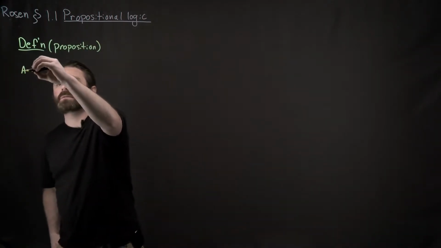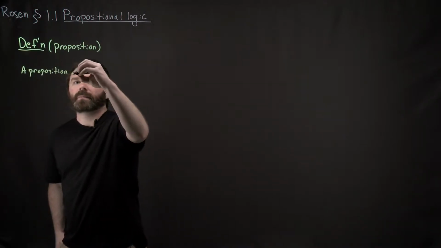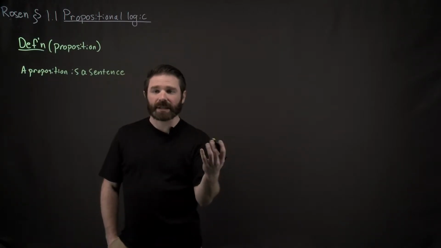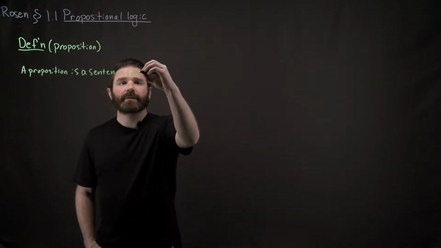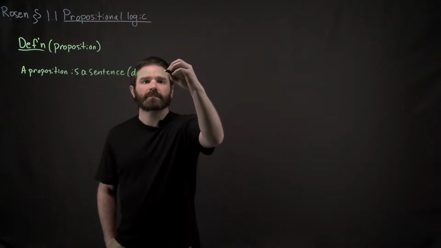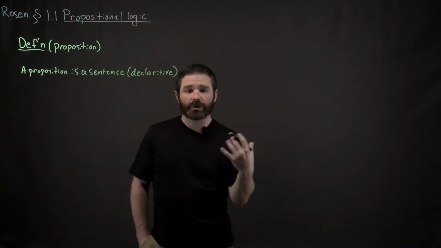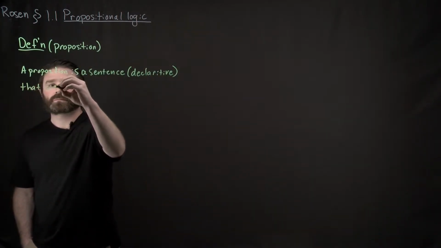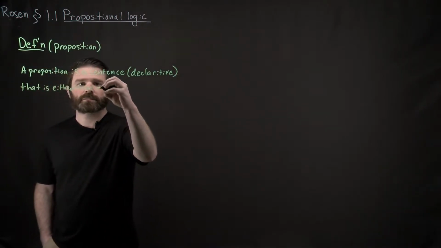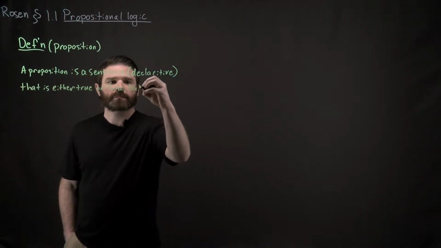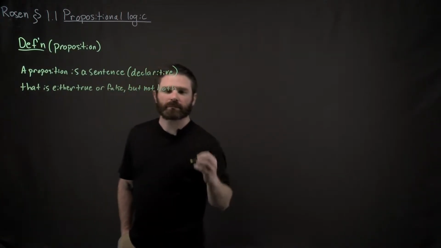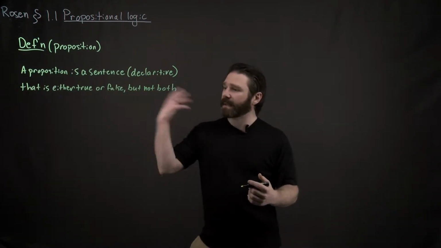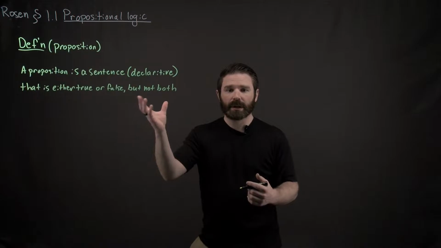A proposition is a sentence, and in particular not just any old sentence, but a declarative that is either true or false, but not both. So it's a simple sentence, a declarative sentence. It declares something, and that something must either be true or false, but not both.